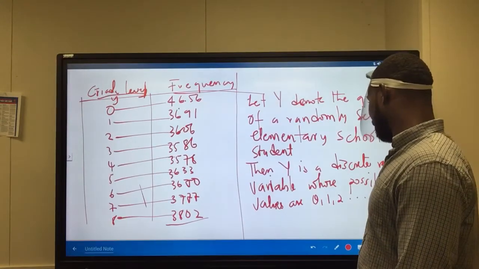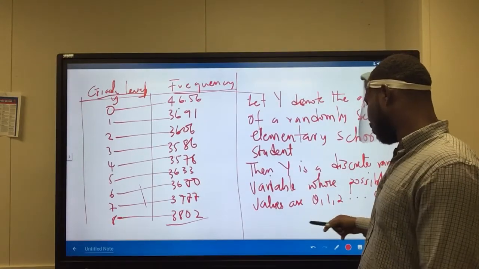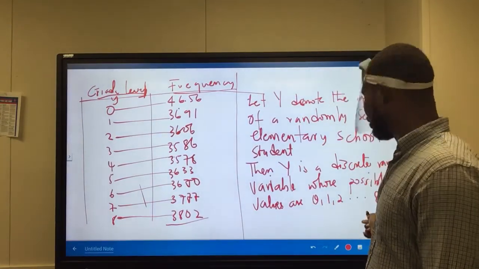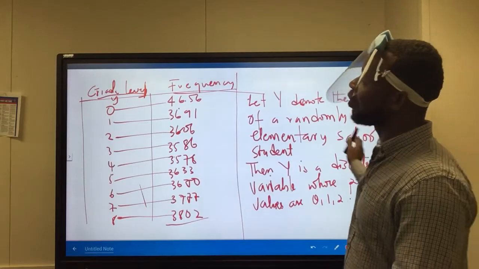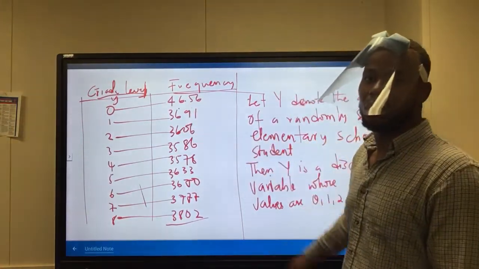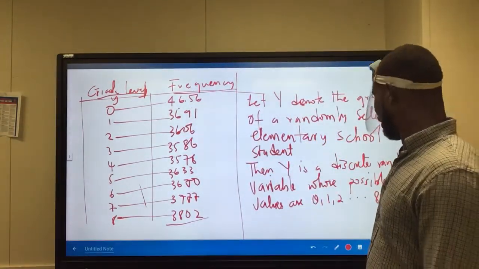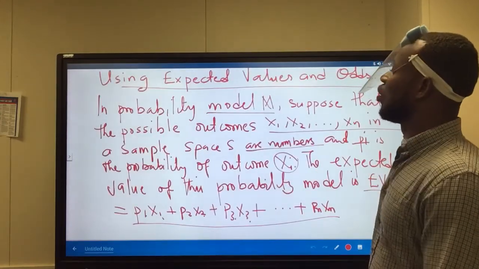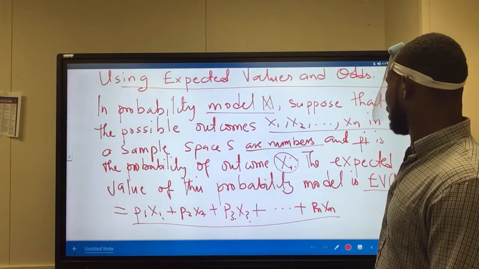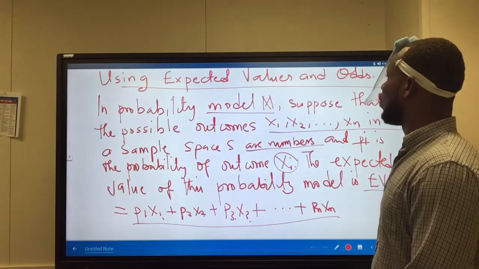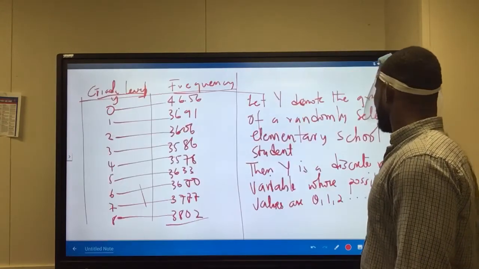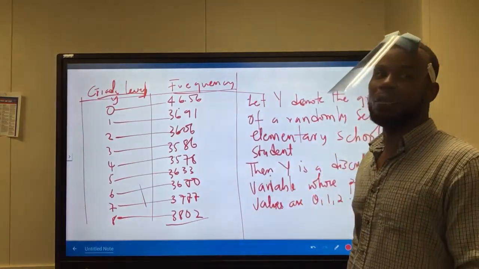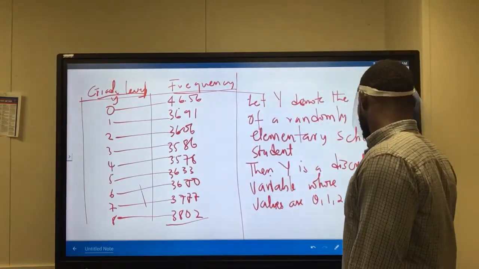Then Y is a discrete random variable whose possible values are 0, 1, 2, and 3. So this is the question. Have a look at it, and try to do the histogram and the probability distribution that we're talking about.